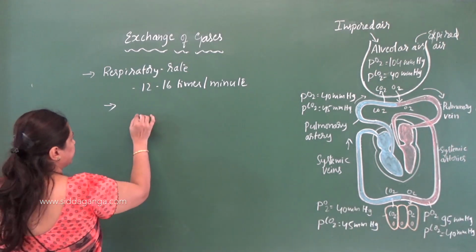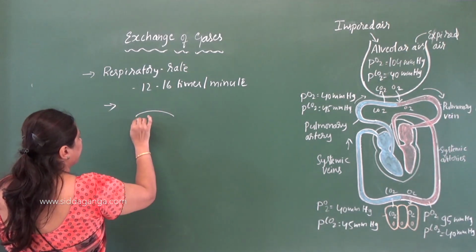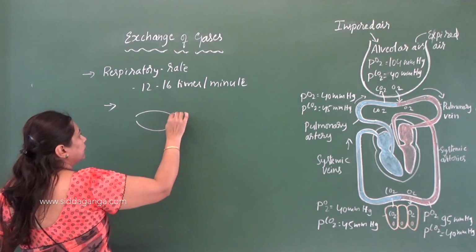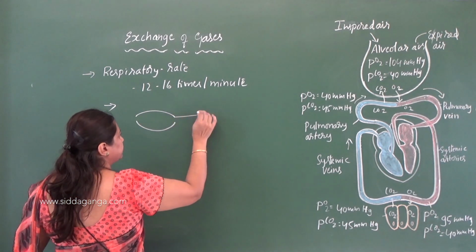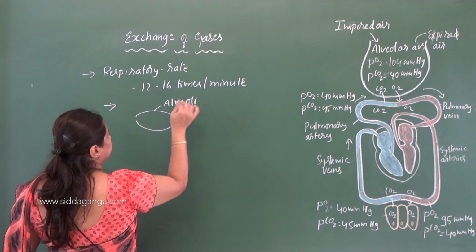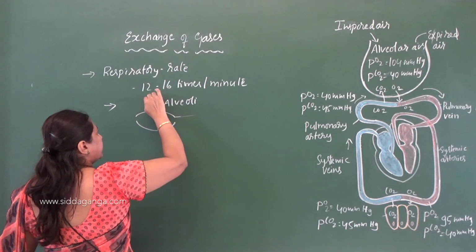So the oxygen which enters into the alveoli of the lungs during inhaling will diffuse into the blood. Say this is the alveoli. So during inhalation, what happens?